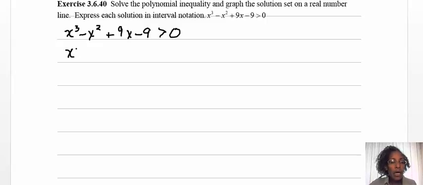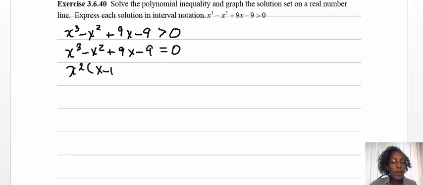Alright, now we want to solve this polynomial equal to 0. And we're going to do that by factoring, and we're going to factor by grouping. So I factor x squared out of the first two terms, and that gets multiplied by x minus 1.